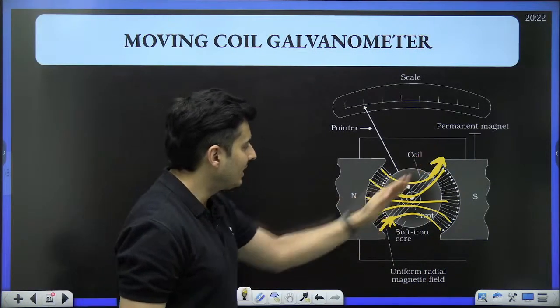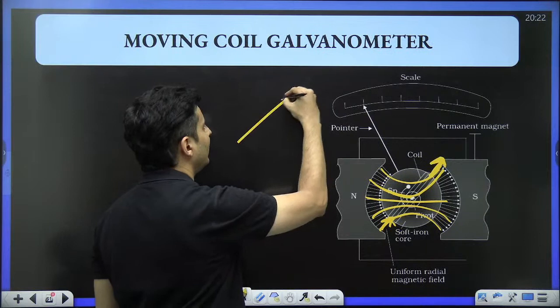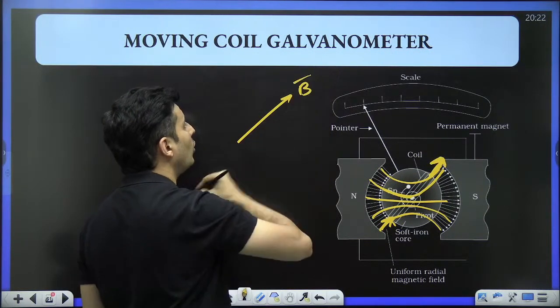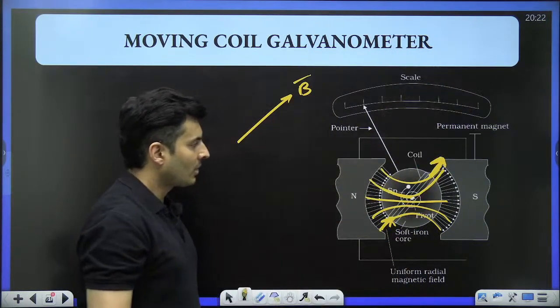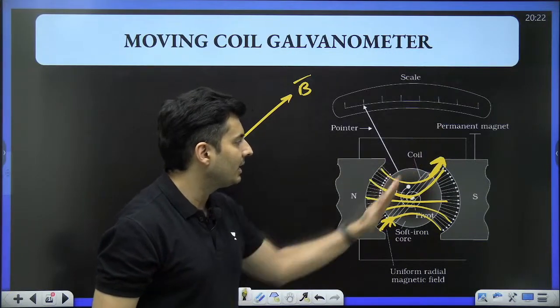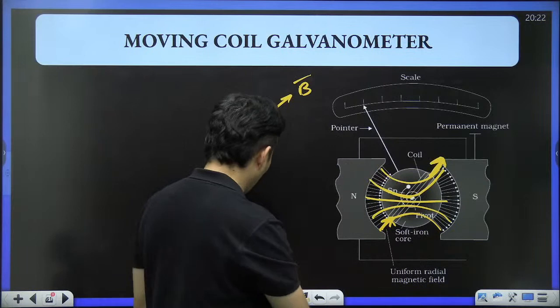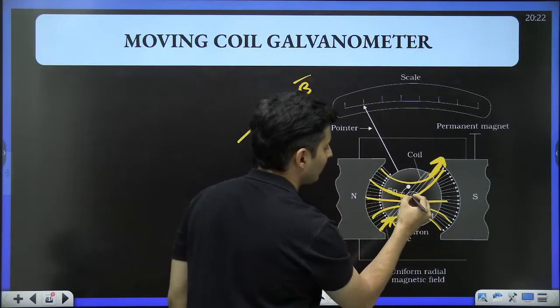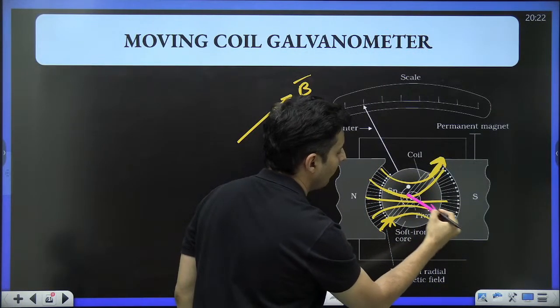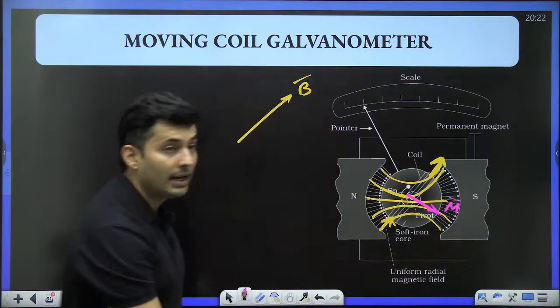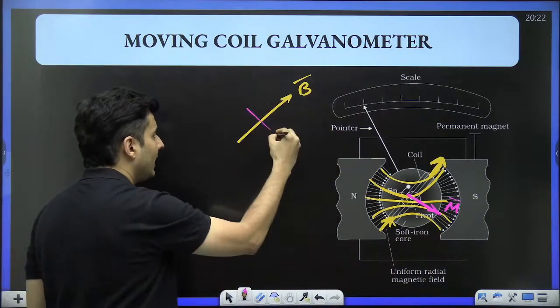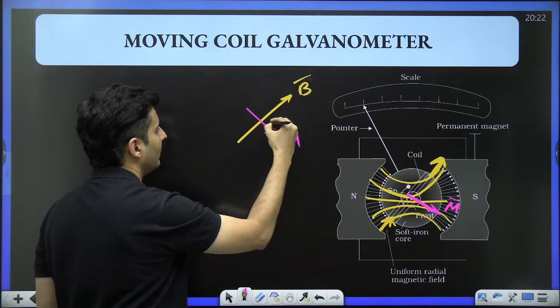So when the loop is like that, the magnetic field which is affecting the loop is in that direction. The magnetic field which is affecting the loop here and here is in this direction. But if you notice the magnetic moment, that is basically perpendicular.